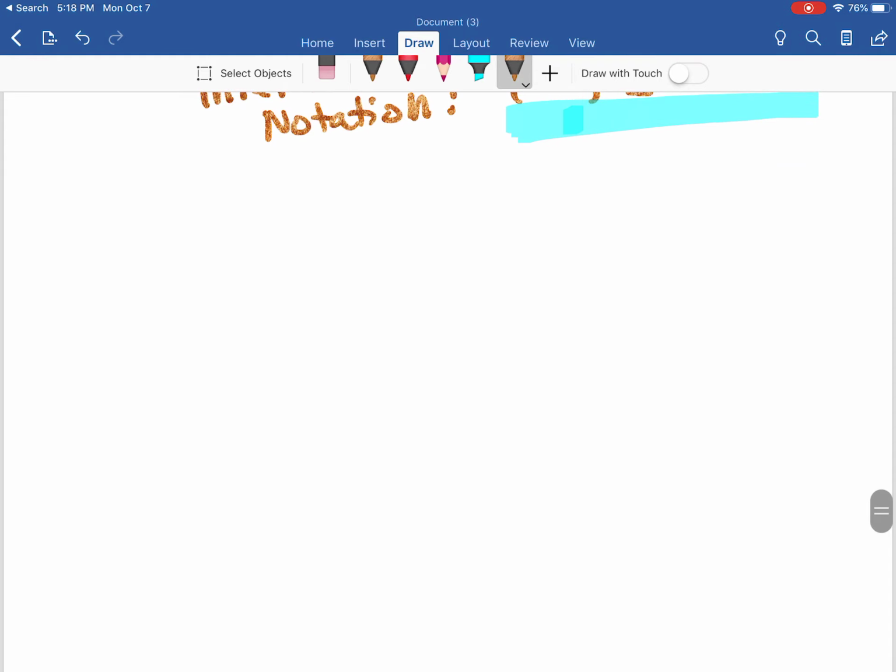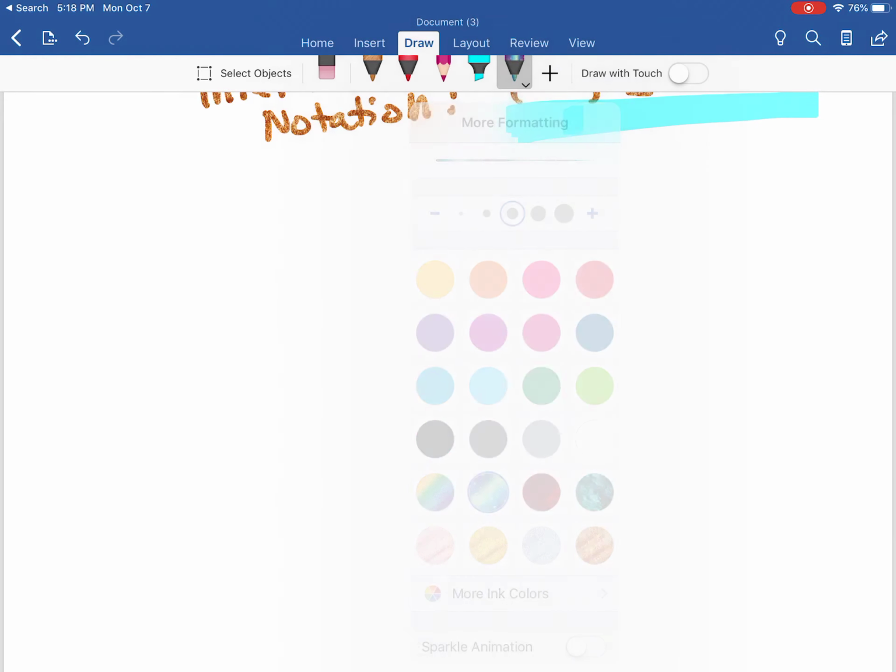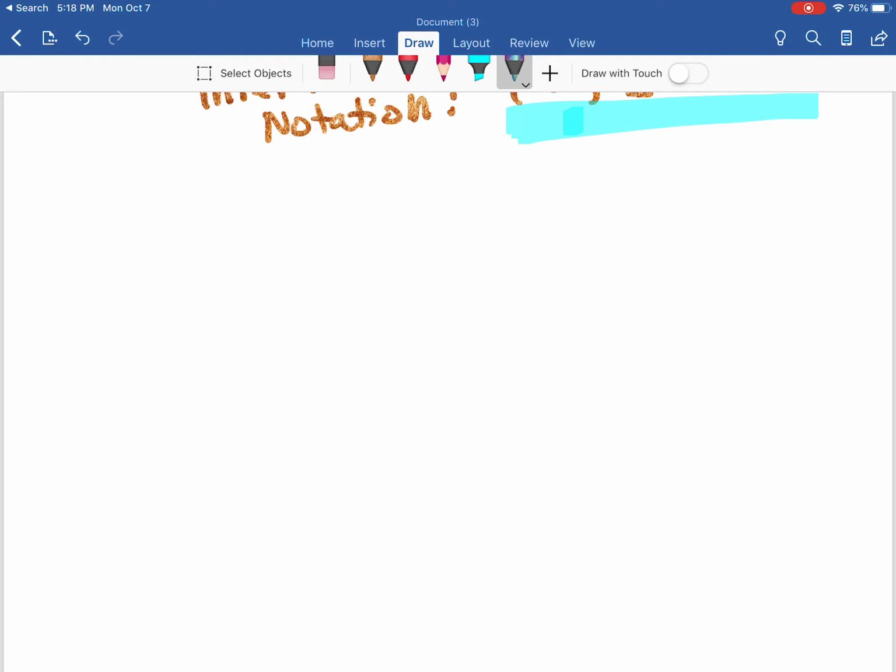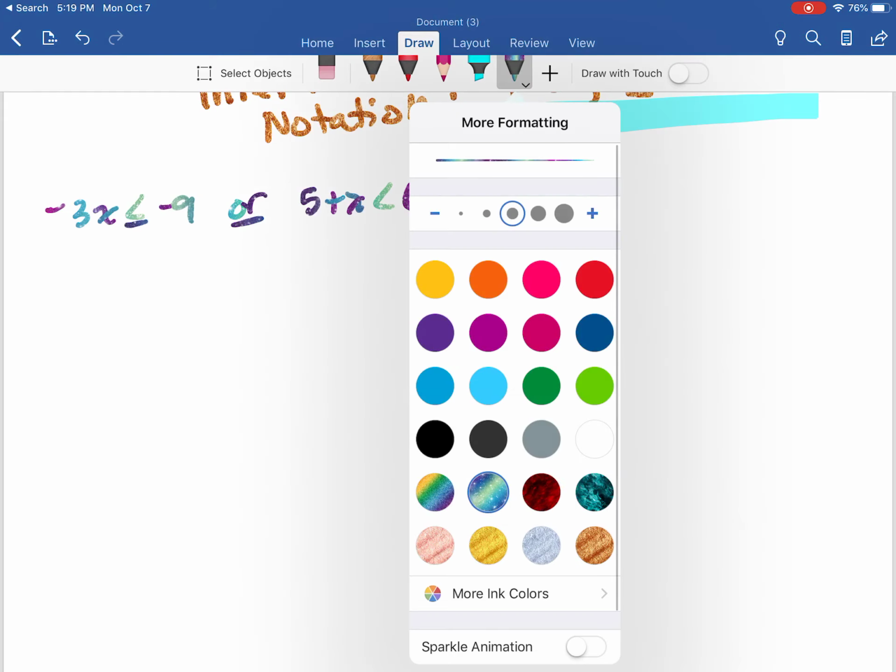Let's do one more example problem so that will make things hopefully easier. So let's say I've got negative 3x less than or equal to negative 9, or, that's my "or" word, and then 5 plus x less than 6.